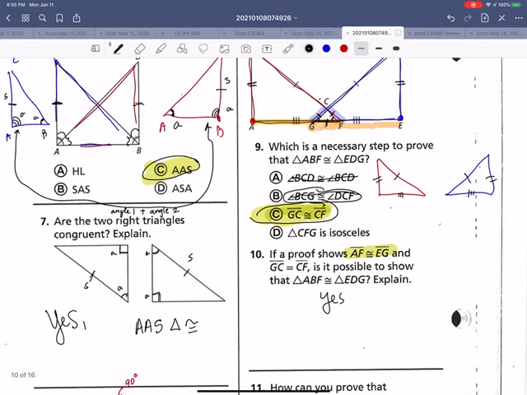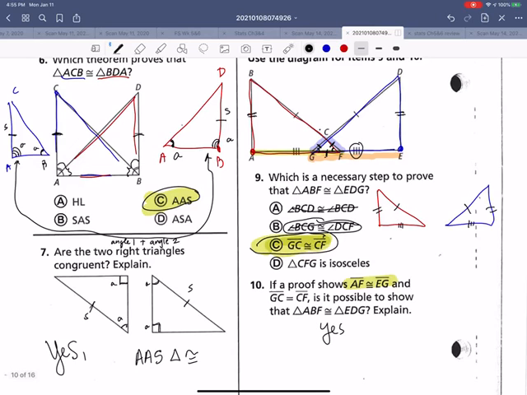Explain. Well, if this little 3 is only talking about the shorter length there, then notice if I can prove that these are equal to each other, then that lets me say that this triangle ABF is congruent to EDG because of side, side, side triangle congruence.